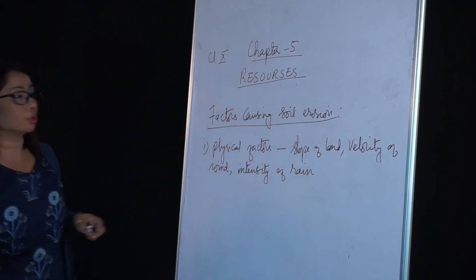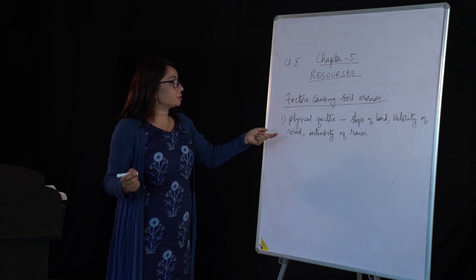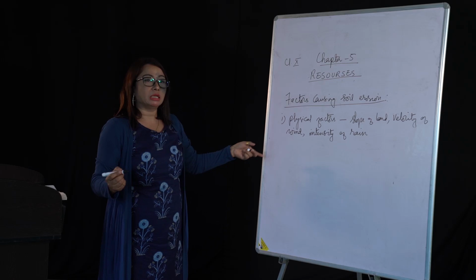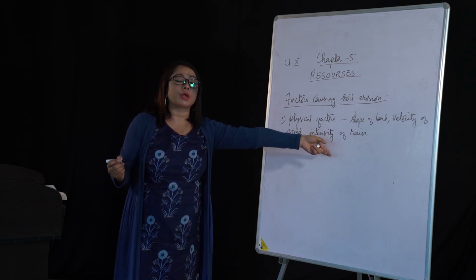So, factors causing soil erosion: physical factors include slope of land, speed or velocity of wind, and intensity or strength or force of rain.